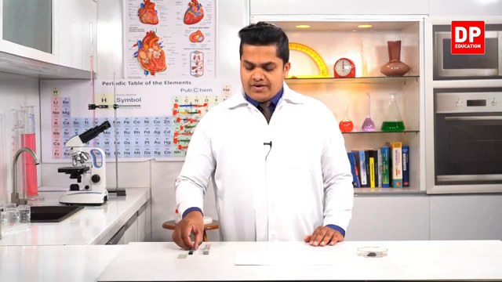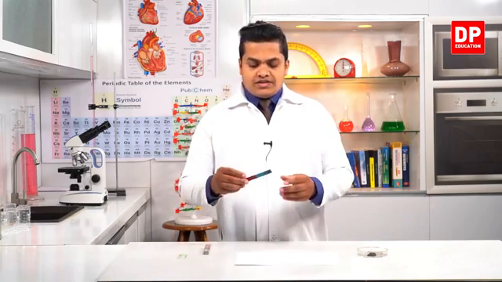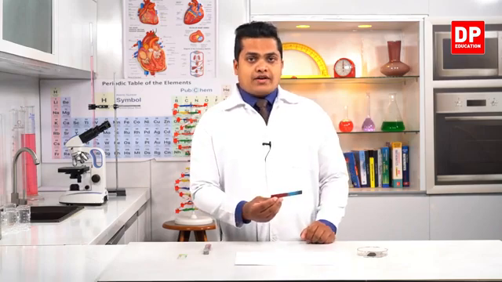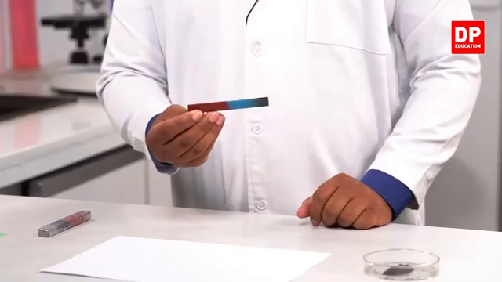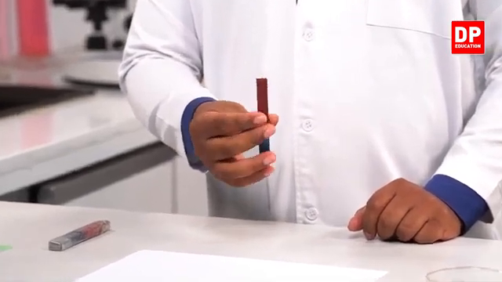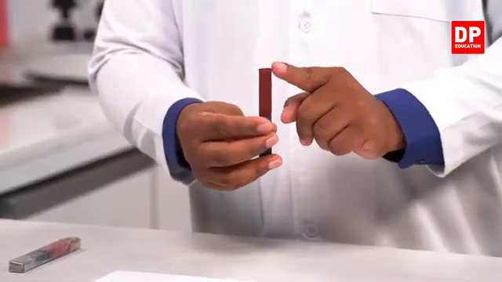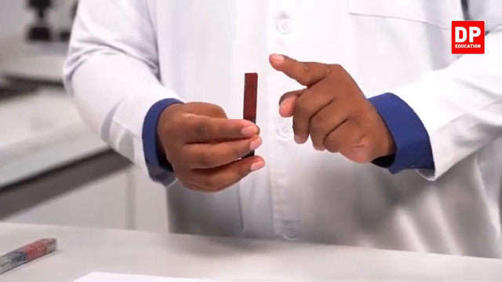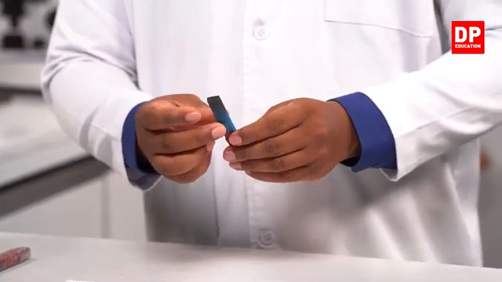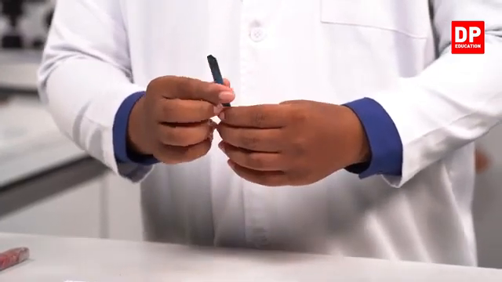So let's see, if you take a magnet like this, this is called a bar magnet. You can observe there are two ends. This end has a red color, and this end has a blue color.